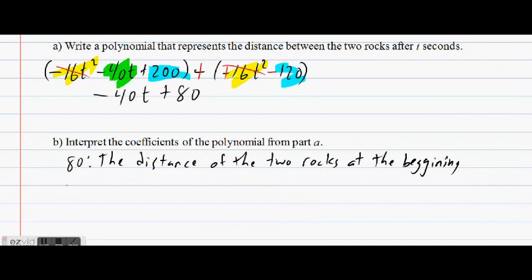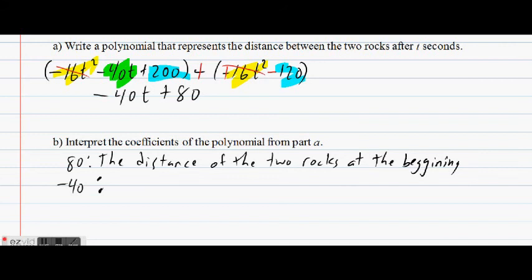Then, what about this negative 40t? What is that negative 40, well, without the t. What is that negative 40 representing? Because they just said coefficients, so we're not worried about the variable. Hopefully you're thinking about this.